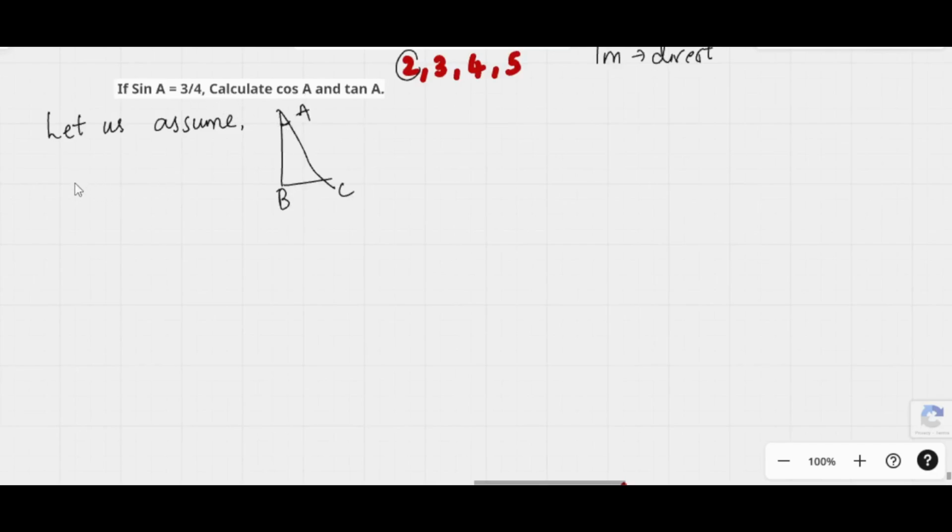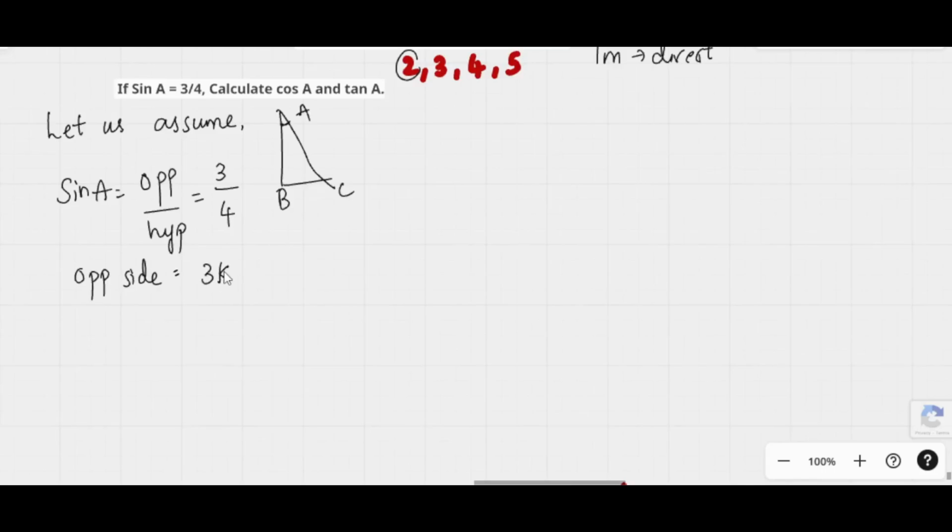We all know that sin A is equal to opposite by hypotenuse, which is equal to 3 by 4. Don't write 3 and 4 directly. Now the opposite side will be 3 into k, 3k.